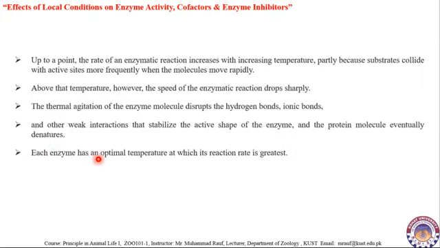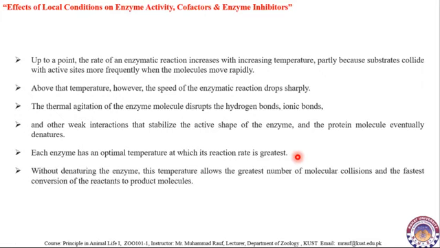Each enzyme has an optimal temperature at which its reaction rate is greatest. Now there are optimal levels for each enzyme. Without denaturing the enzyme, this temperature allows the greatest number of molecular collisions and the fastest conversion of reactants to product molecules.